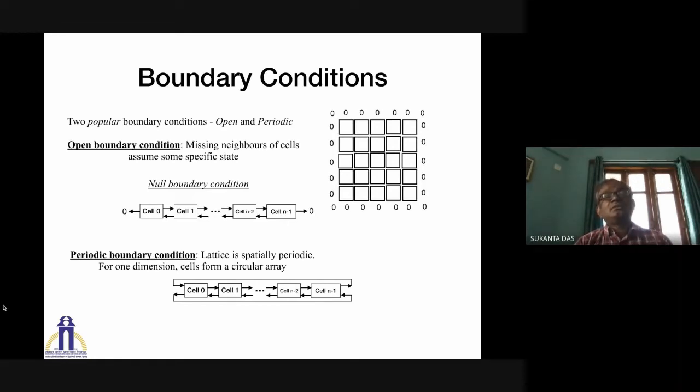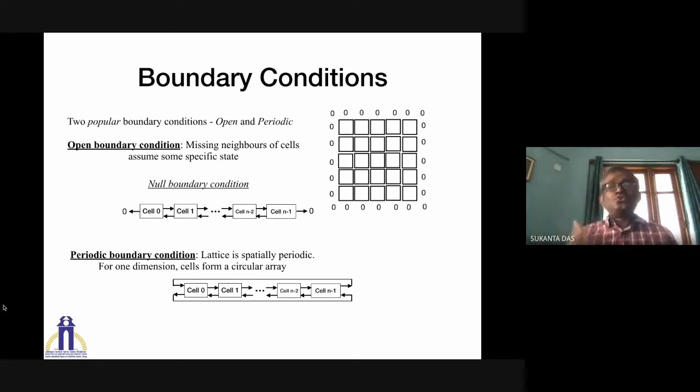So in case of an n cell CA, after cell n minus 1, the next cell is the first cell. After the last cell, the next cell is the first cell, right? So in that sense, there is no missing neighbor. Although it's finite, you cannot find missing neighbors, right?